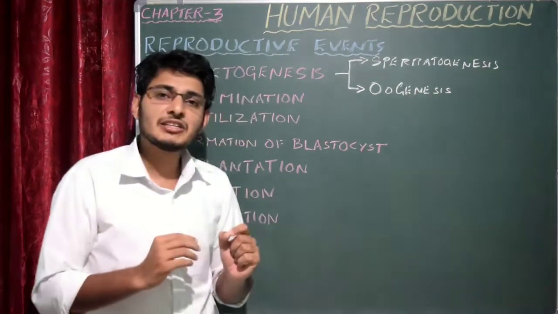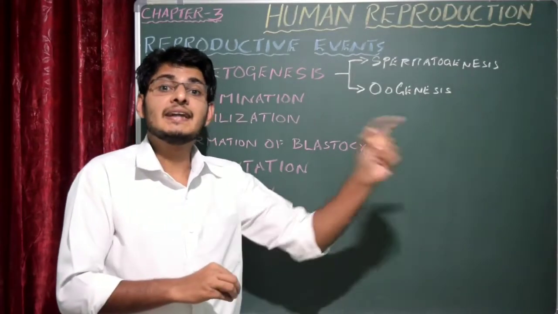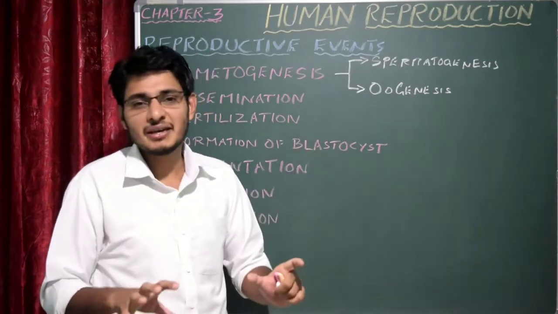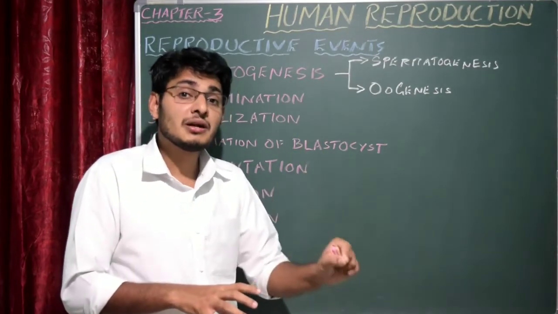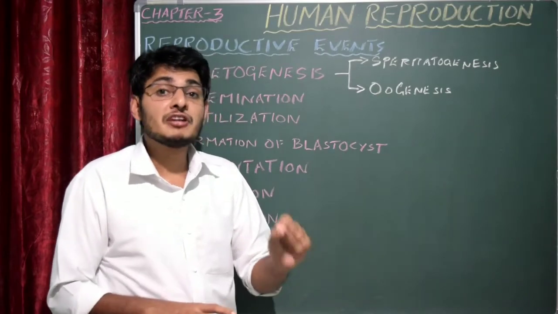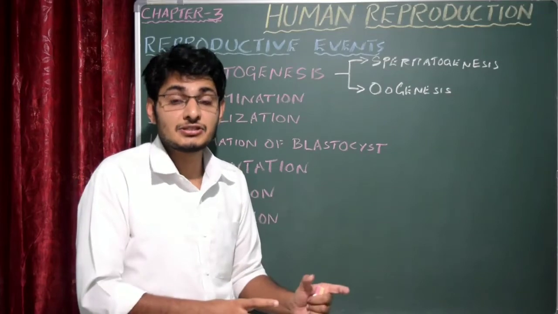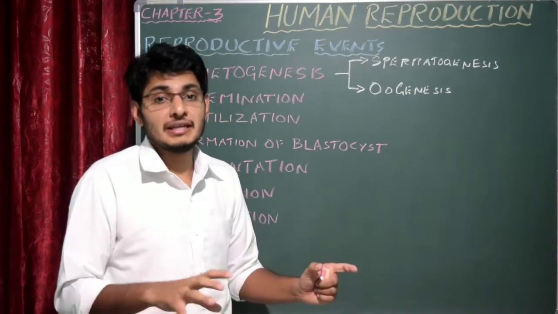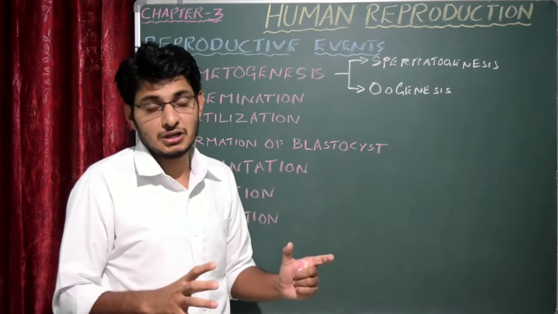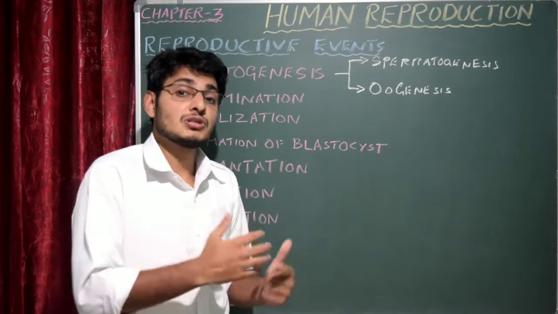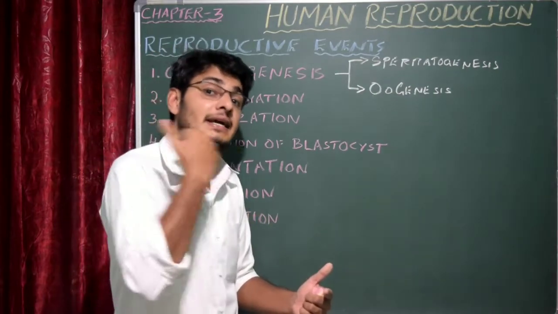What is interesting is that the male remains reproductively active till he dies. Whereas the female will be reproductively active from the onset of puberty till 45 to 50 years. The reason is very simple: the menstrual cycle ceases between 45 to 50 years of a woman's lifespan. That's very important. Whereas in the case of male, the process of formation of the sperm, that is spermatogenesis, is active till he dies.